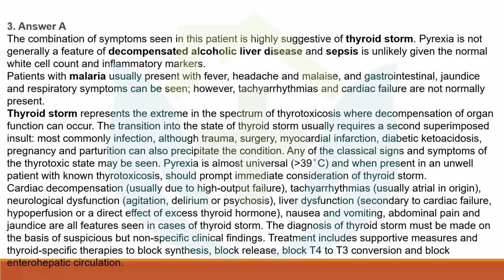Diagnosis of thyroid storm must be made on suspicion given the non-specific clinical findings. Treatment includes supportive care and thyroid-specific therapies to block the synthesis, block release, block T4 to T3 conversion, and block enterohepatic circulation. So this is all about the thyroid storm, which was precipitated by pregnancy.